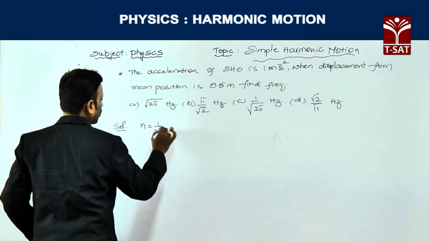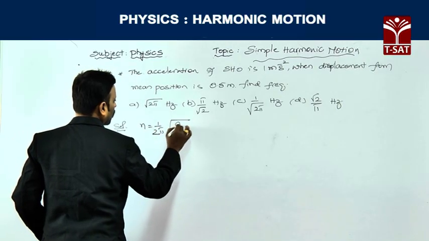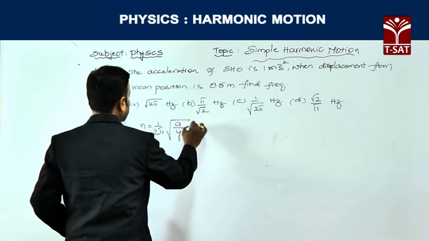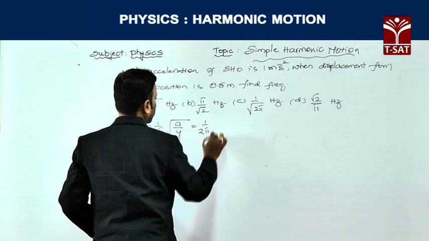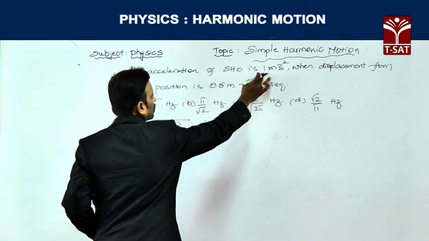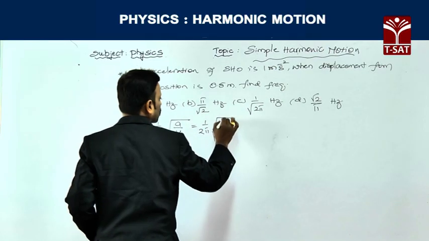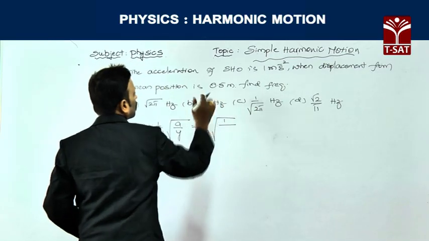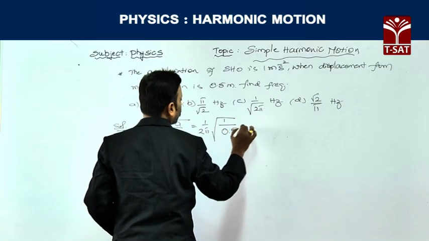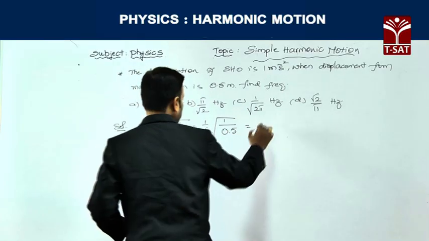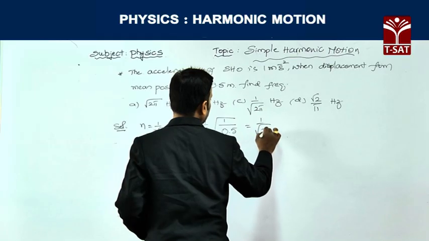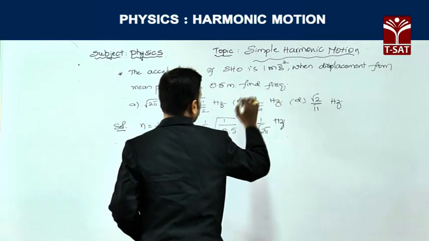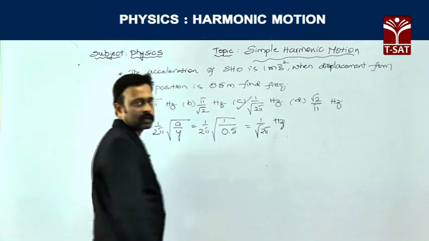Frequency is 1 by 2 pi under root a by y. Acceleration is given as 1 meter per second square, displacement is 0.5. So, you are going to get 1 by root 2 pi hertz. So, the third option is the correct one.